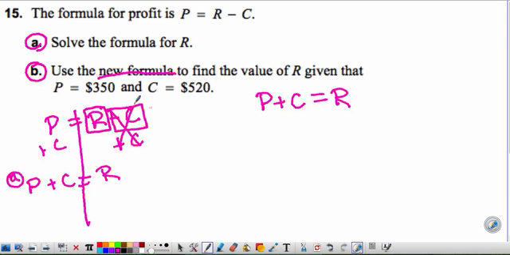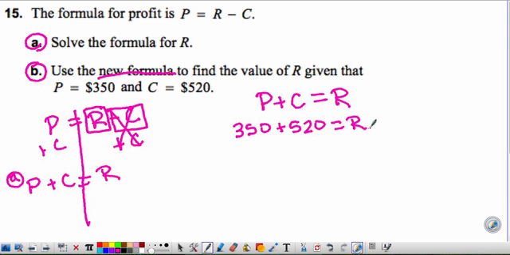Find R if P equals 350 and C equals 520. So now I'm going to plug these numbers in. What am I going to plug in for P? 350. Plus, what am I going to plug in for C? 520. 870. Now, how'd you do that?